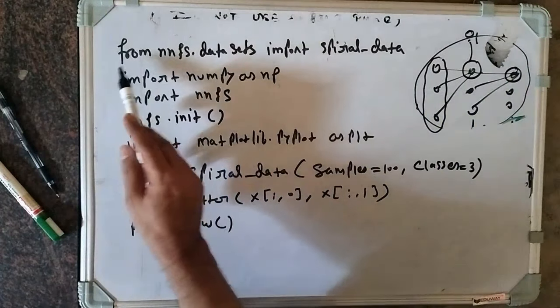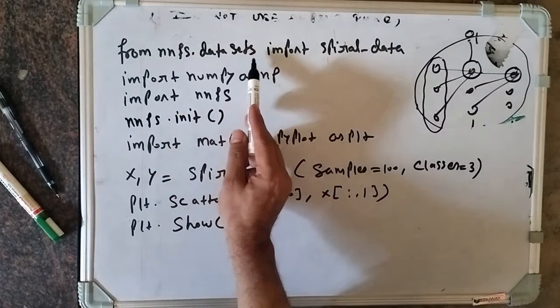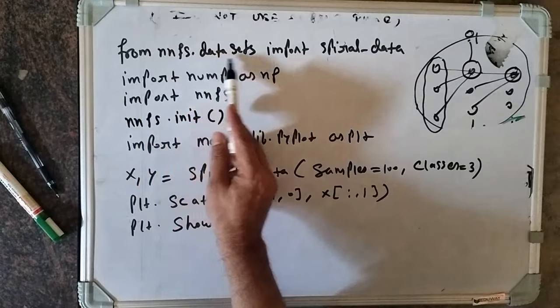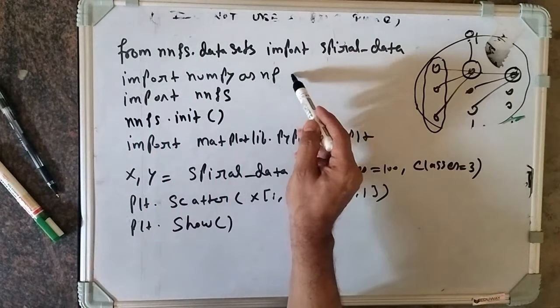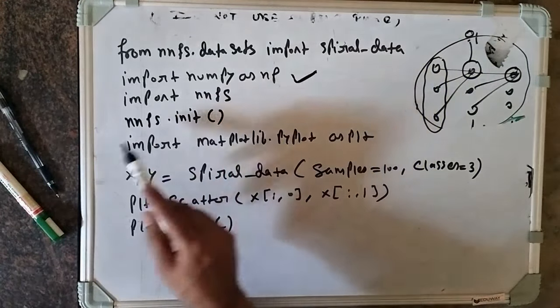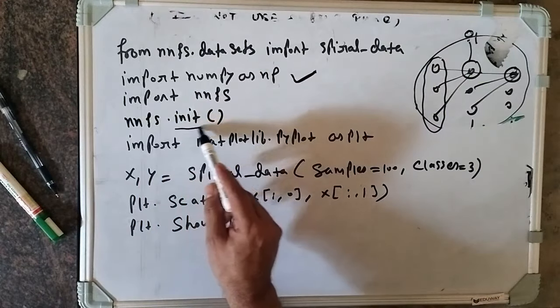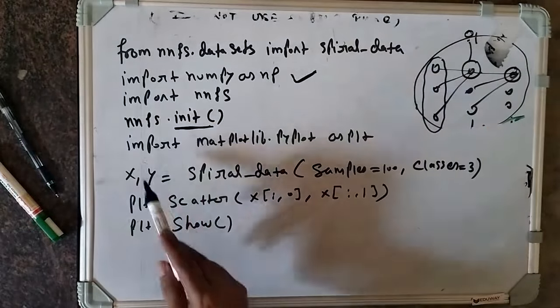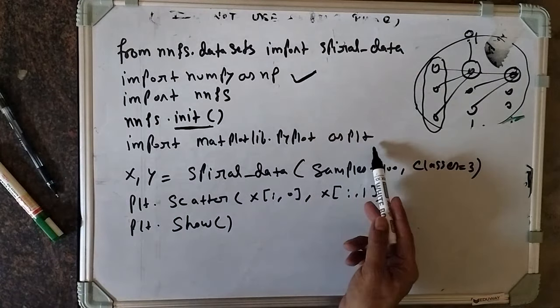Now you have to import this: from nnfs.datasets import spiral_data, import numpy as np, because this time we are working in np, import nnfs. In nnfs.init, I will explain what this is. Import matplotlib.pyplot as plt.